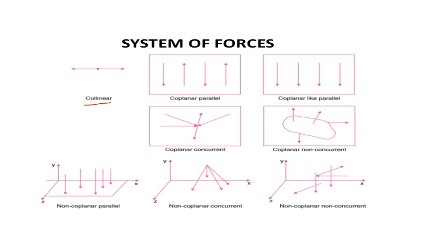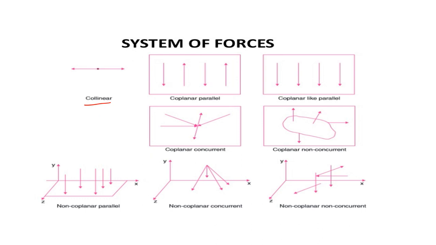So these are unlike parallel forces acting in the same plane. Whereas in this diagram, again the plane is the same, forces are parallel, but they are all acting in the same direction. So these are coplanar like parallel.